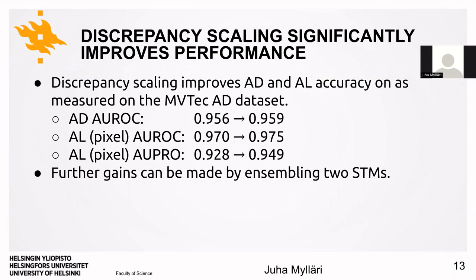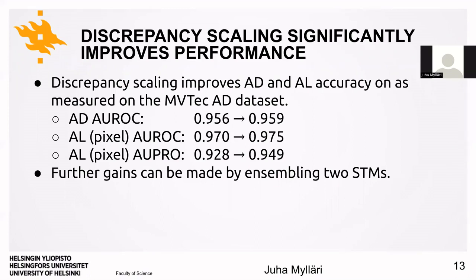On the anomaly detection task, the improvement is somewhat modest, but on the anomaly localization task, the improvement is quite significant, and particularly when measured with the area under the PRO curve metric, the improvement is quite large. And in fact, with this metric, discrepancy scaling actually beats even some of those larger and computationally more demanding methods.